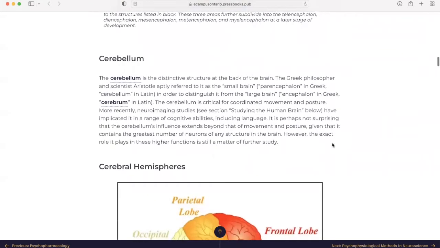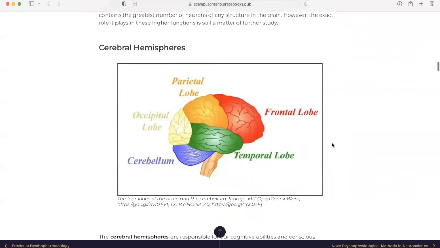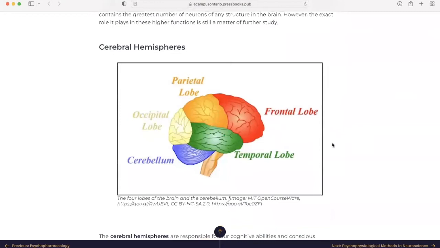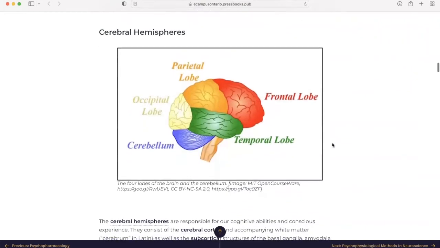And finally, the third component of the first question is name and describe the basic function of the cerebral hemispheres. Now, the cerebral hemispheres are really quite interesting. They are responsible for our cognitive abilities and conscious experience.